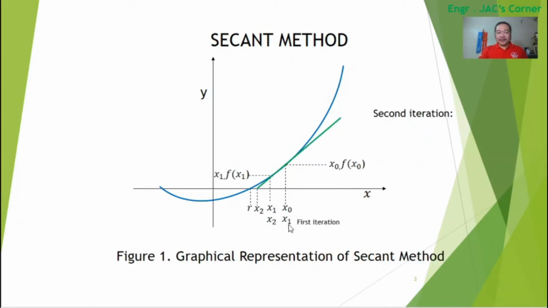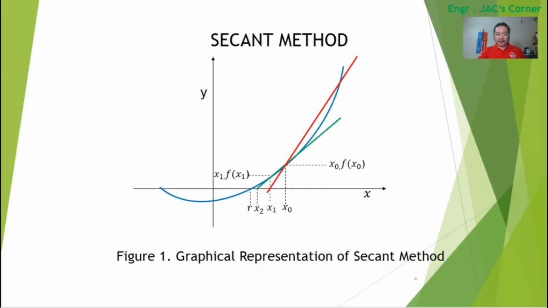For the second iteration, the x sub 1 of the first iteration becomes the x sub 0 of the second iteration, and the x sub 2 of the first iteration becomes the x sub 1 of the second iteration. And we will get another approximated root x sub 2. This process is repeatedly performed until x sub 2 is close enough to the actual root.